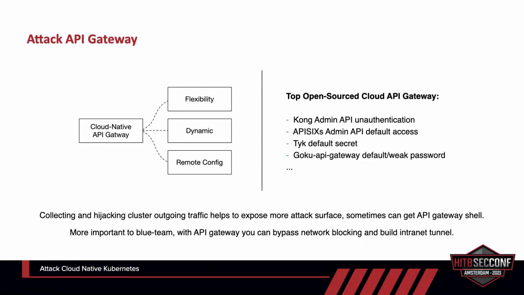When we control the API gateway, we can connect, control, and hijack the north-south traffic, which is managed by the cloud-native cluster. More importantly, obtaining the API gateway can break through the network isolation and get access to other private networks and the public network.